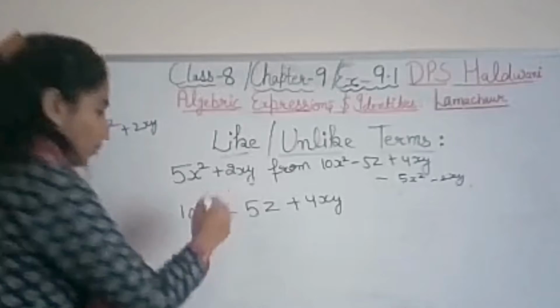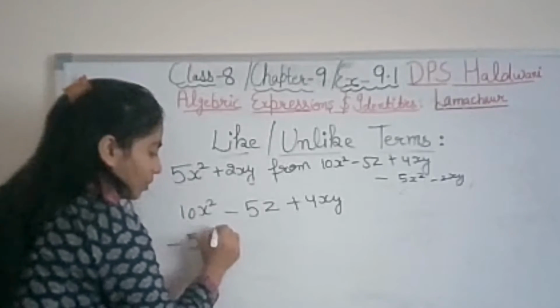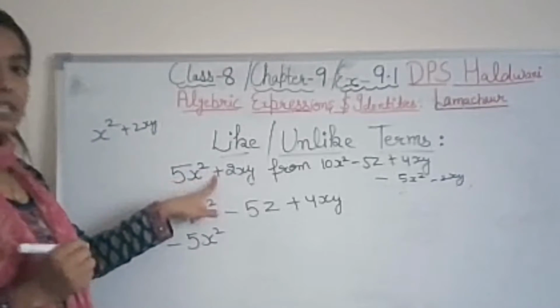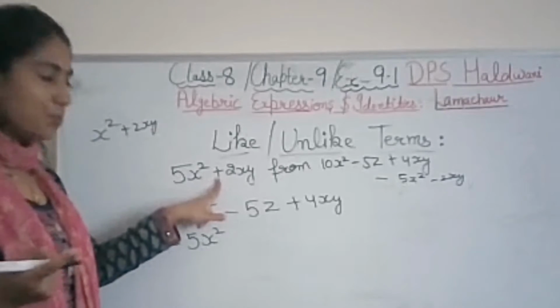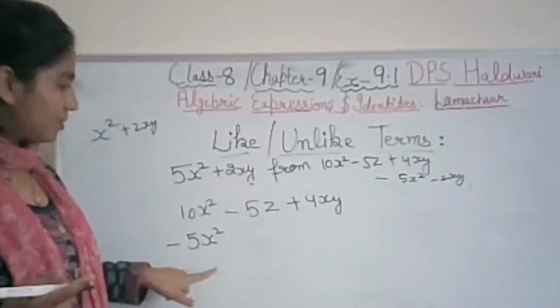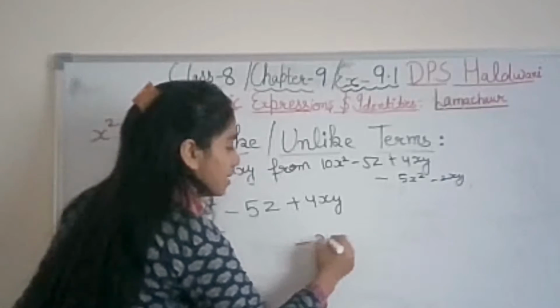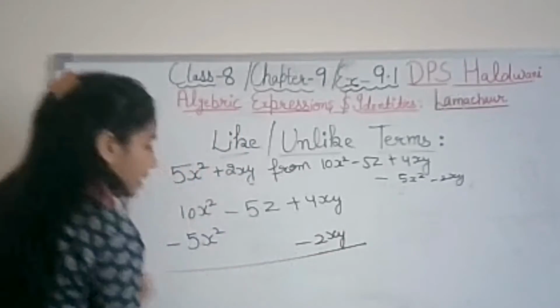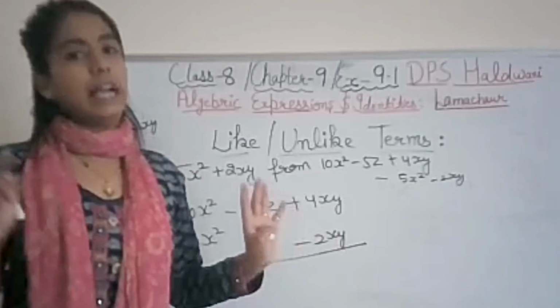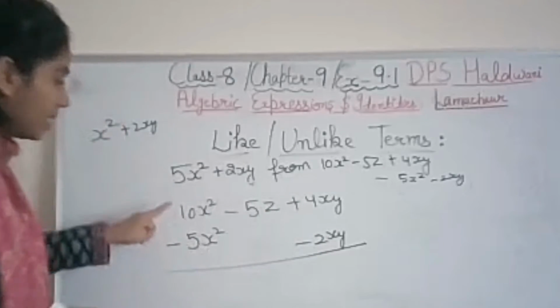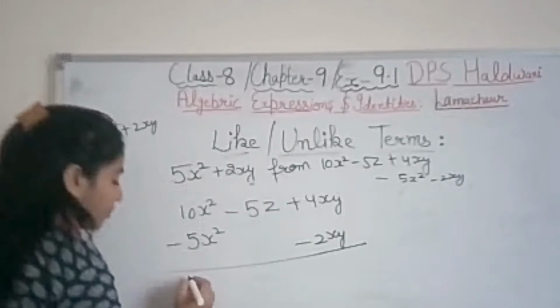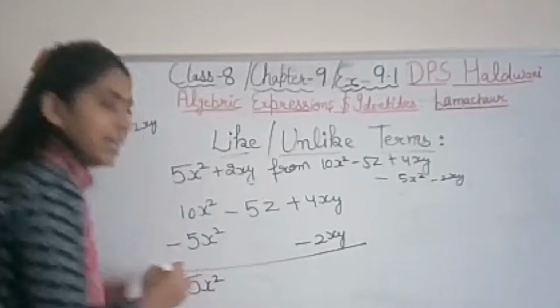Now x square will go with x square, with the sign, because it is a minus. Earlier it was plus, so on subtraction it will change into minus. It is 2xy. Where is 2xy? Here. So it will be minus 2xy. So like terms will come under like terms. Now do the subtraction: plus, minus, minus. So 5x square, sign of the bigger digit.